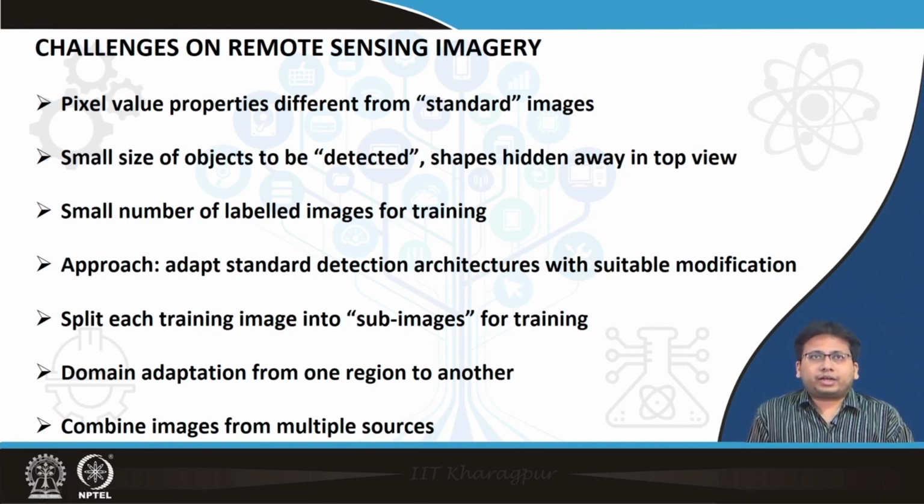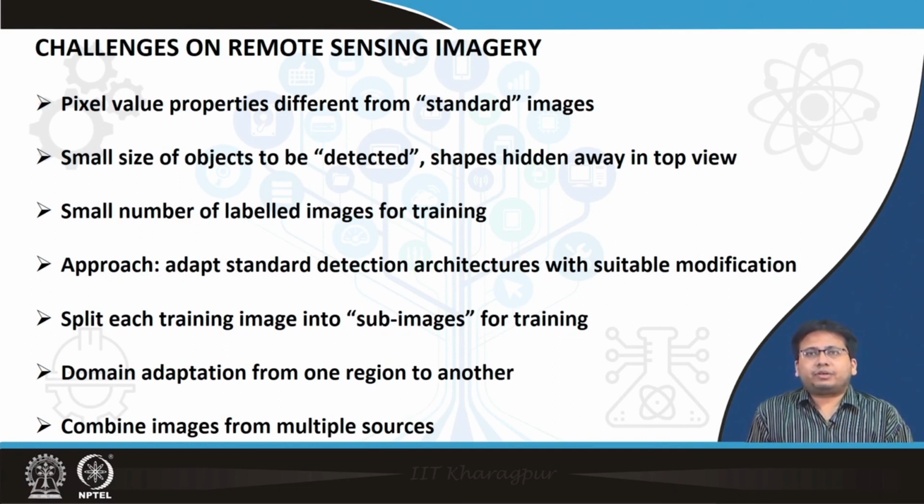Now when we are doing remote object detection or remote sensing, or for that matter any other problem on remote sensing imagery, these are some of the problems we face. So first of all, the pixel value properties might be different from standard images.